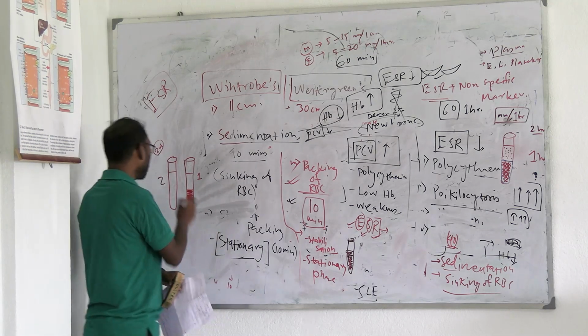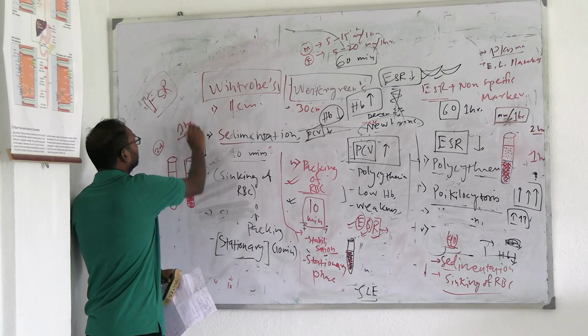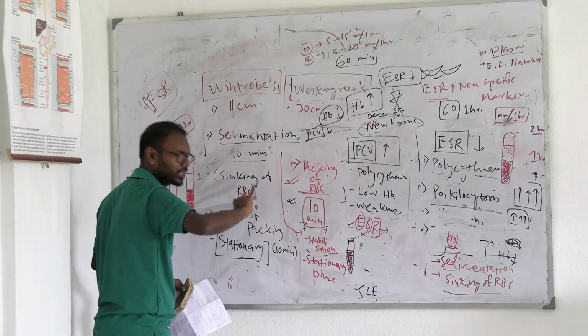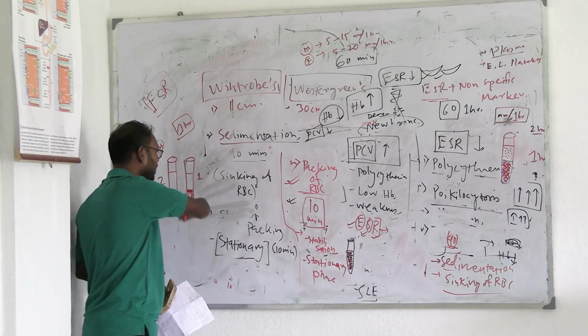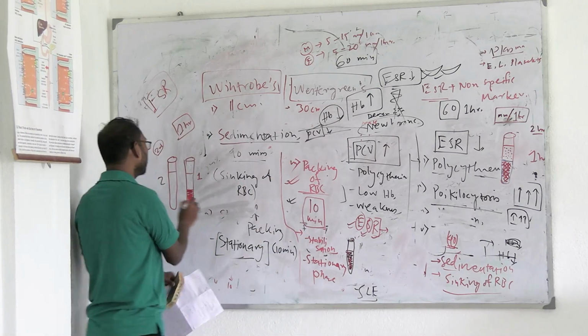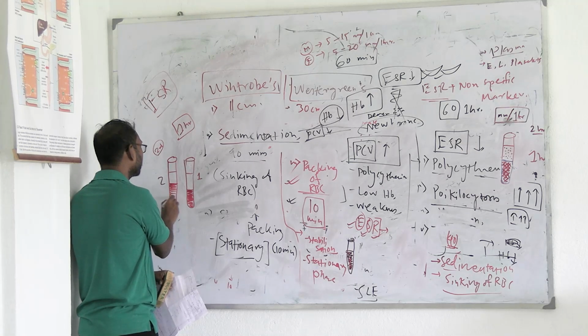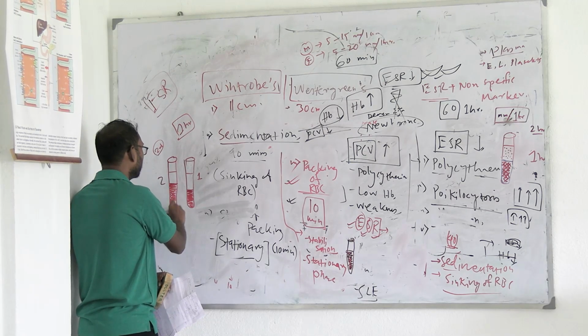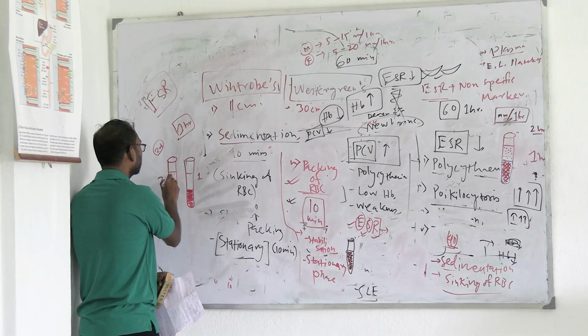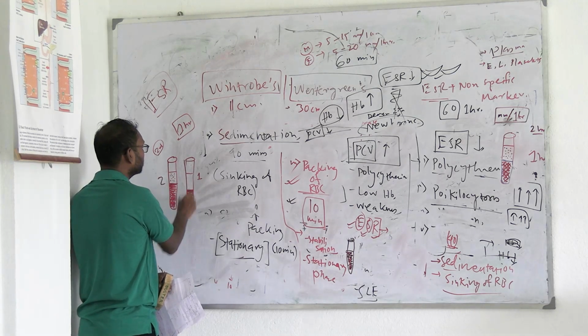After that, we have put those tubes for sedimentation for 1 hour. Sedimentation is done, the stationary phase is also complete, packing is done. So in one person, the packed cells are taking up this much space and the plasma is like that. And in this test tube, the packed cells are taking up this much space.